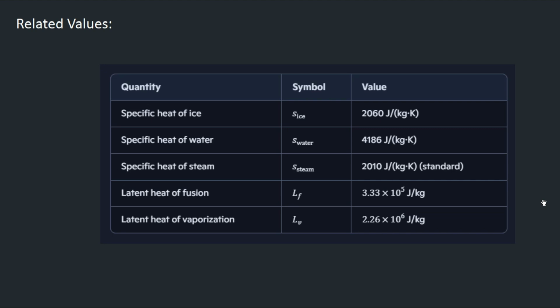Latent heat of fusion, or latent heat of vaporization? Why? It's 10 to the power of 6. Always start with the exponent part, not the number part. So that's why you take a lot of heat to boil water. As simple as that. To convert it to steam, you need a lot of energy.